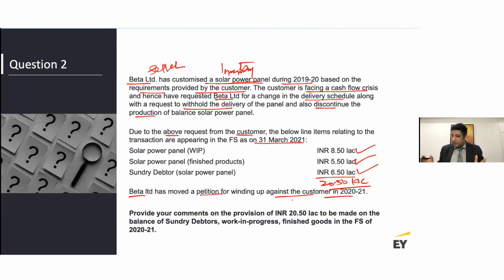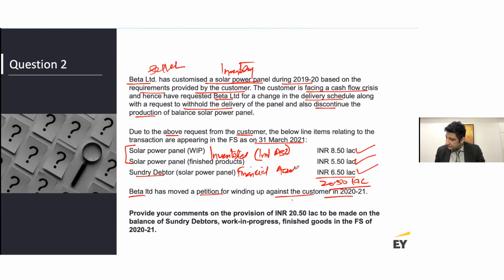Okay. Now, importantly, what you would like to remember here is that there are two categories of assets. We have inventories, where we use, of course, the reference of IND AS 2, and we have debtors, which is a financial asset.